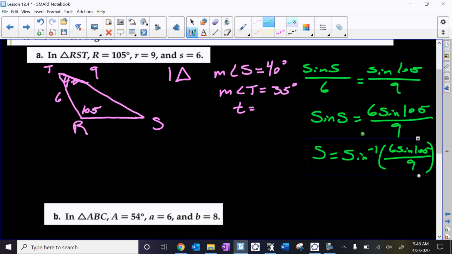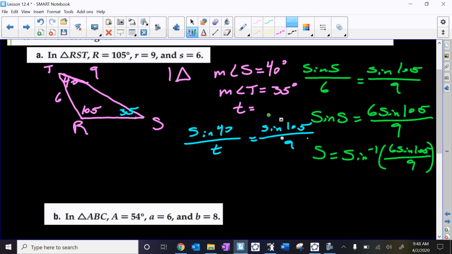And then to solve for side length T, we can also use the law of sines. So we're going to say sine of 40 over T equals, and then you can use either scenario. I'm going to go back to the original, sine of 105 over 9.